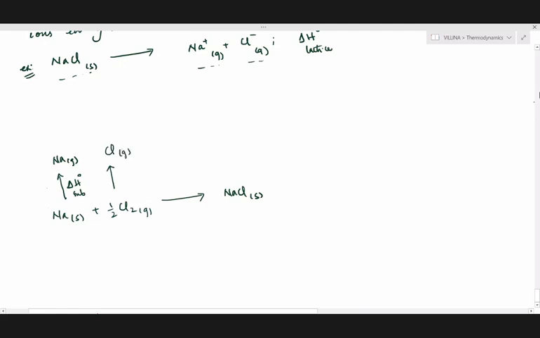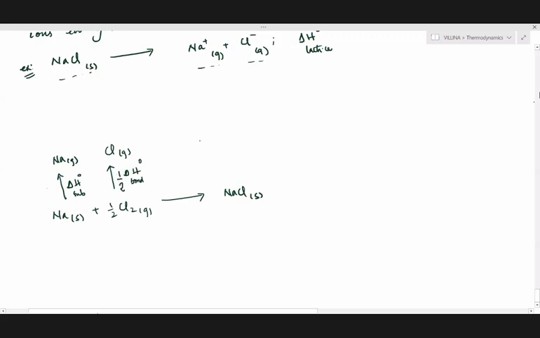We are breaking the chlorine-chlorine bond, and that too for half mole of it. So individual chlorine molecule to individual chlorine atom is called bond dissociation enthalpy, delta H naught bond. But this is for half mole, so it will be half of the bond dissociation enthalpy.